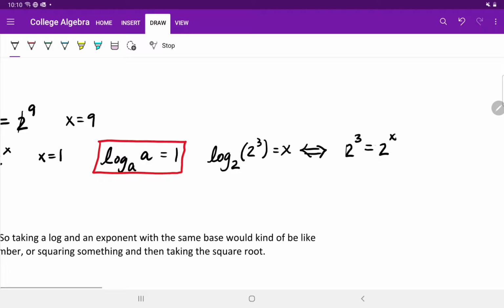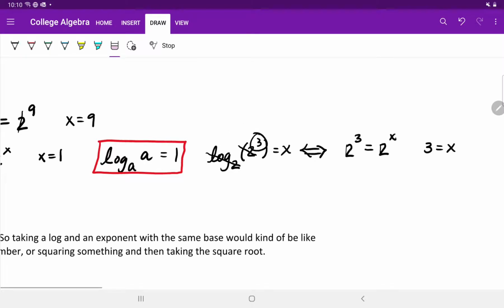So in this instance, our 2's would essentially cancel and we would have x equals 3. What's happening in this example is the log base 2 and the 2 are canceling each other out, and we're left with x equals 3.